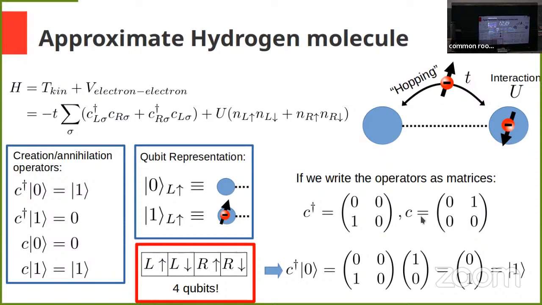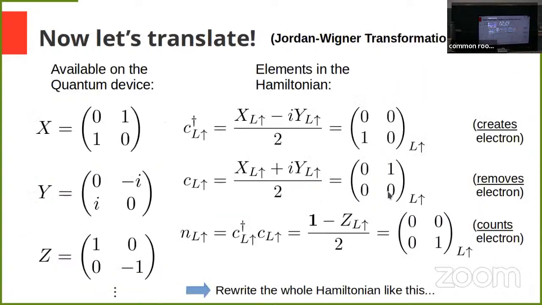So in principle, we only need to express these matrices, and there's actually not a single unique transformation, but different ones. If we look at the operators which are available natively on a quantum device, for example, the Pauli gates, we can check that, for example, if we take X minus i times Y and divide by 2, we get this C dagger operator.